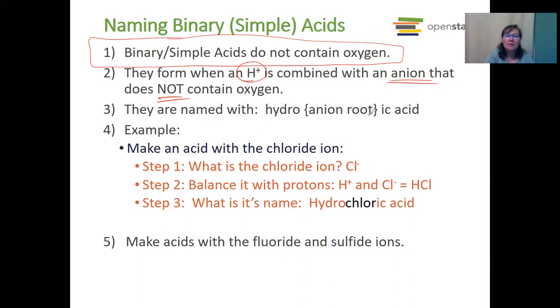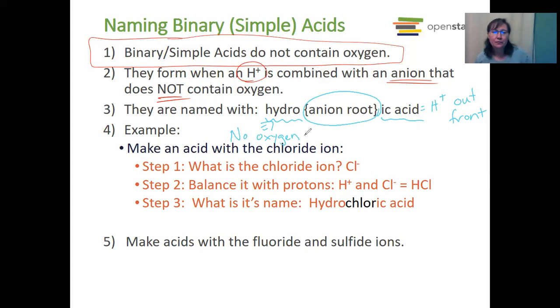So you'll start with hydro, then the anion root, and then ic acid. The acid means H plus out front. If you see hydro here, this hydro doesn't mean hydrogen, it means that there's no oxygen in it.